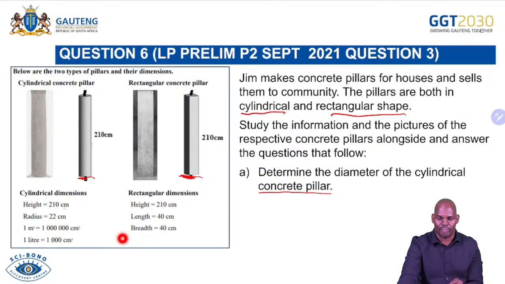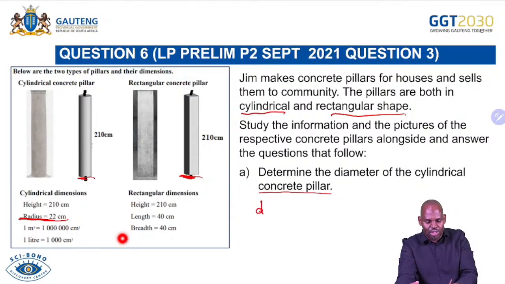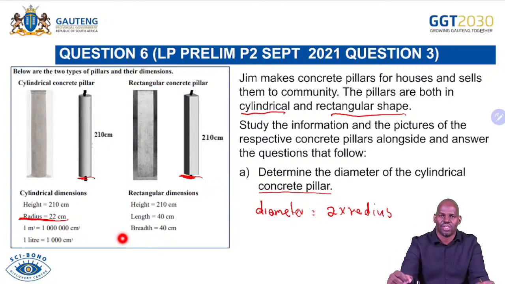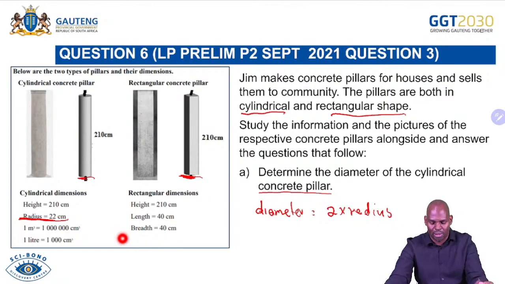next questions as well. Okay, now for cylindrical, they say diameter, but we see that here we are given the radius. And we know that diameter is 2 multiplied by the radius, always. Radius is diameter divided by 2, but diameter is 2 multiplied by radius.